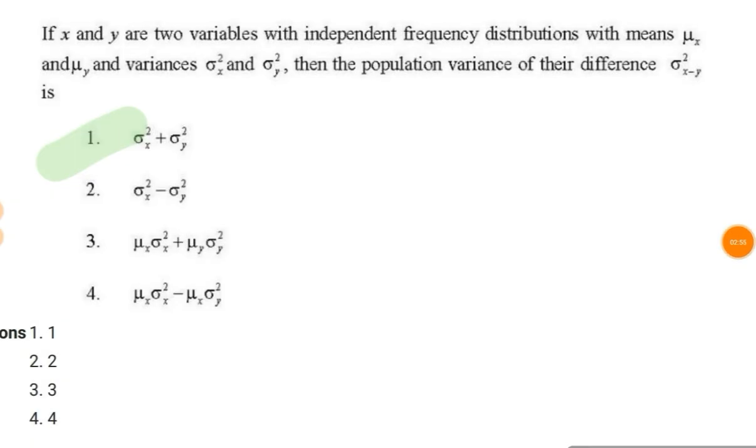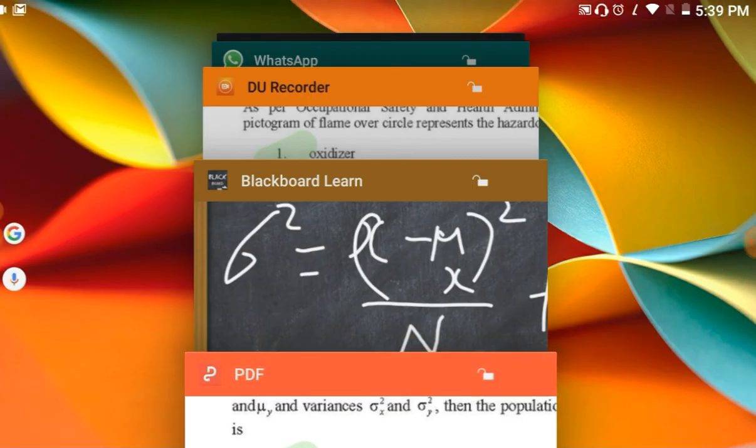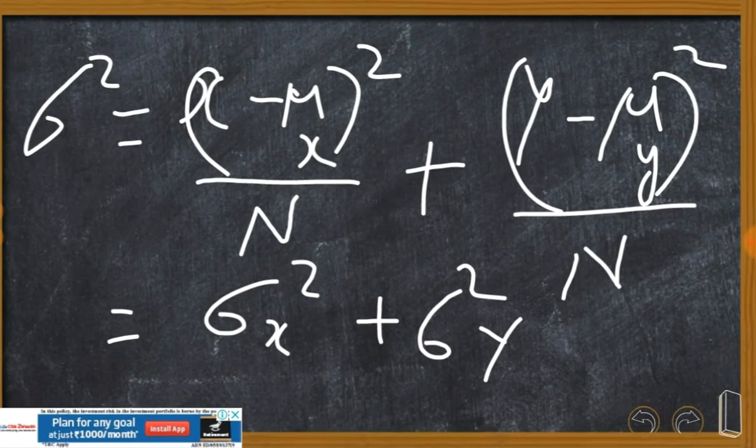Next question. If x and y are two variables with independent frequency distributions with means mu x and mu y and variances sigma square x and sigma square y, then the population variance of their difference, sigma square x minus y, is how much? See, we can do it by using one formula.